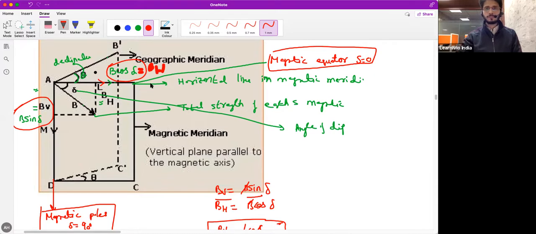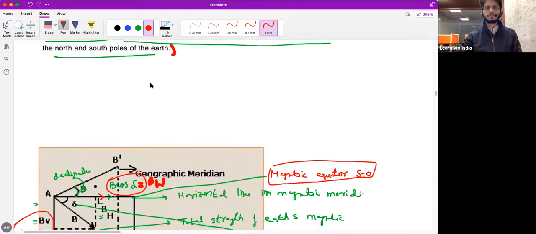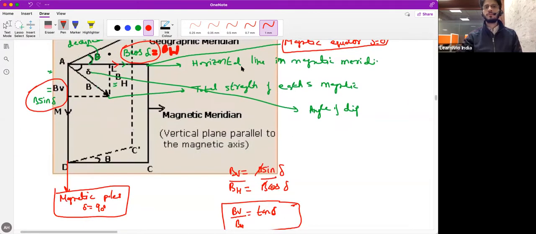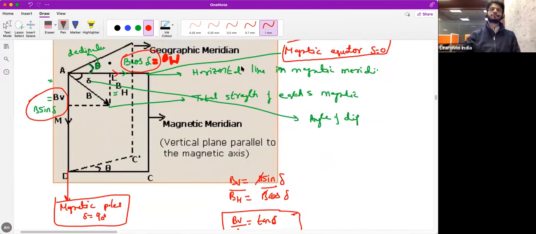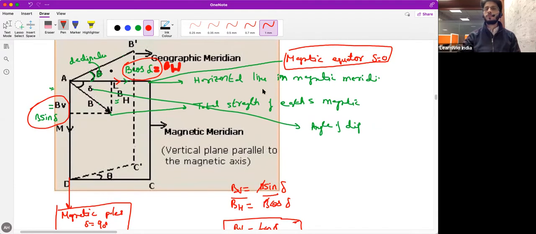Just like we'll write what you wrote on the diagram. Yes, right, everything. This is the magnetic pole, this is the magnetic equator. So then is delta equal to 0 for the equator? Right. Okay. For the poles, it's 90 degrees.